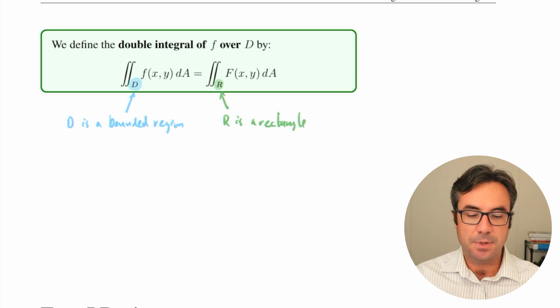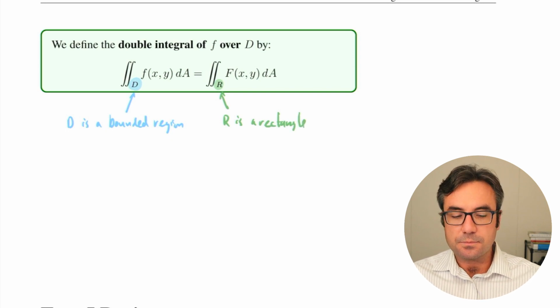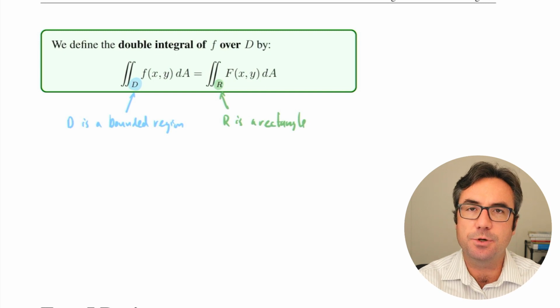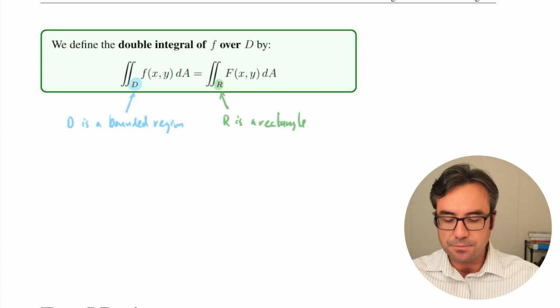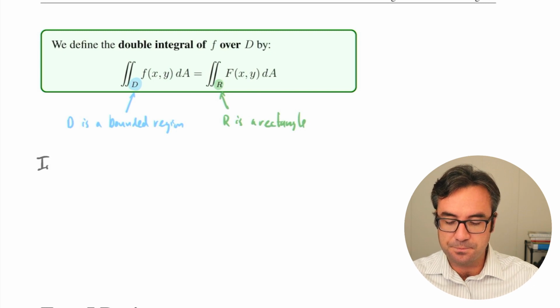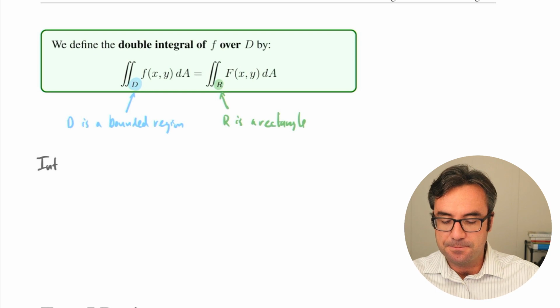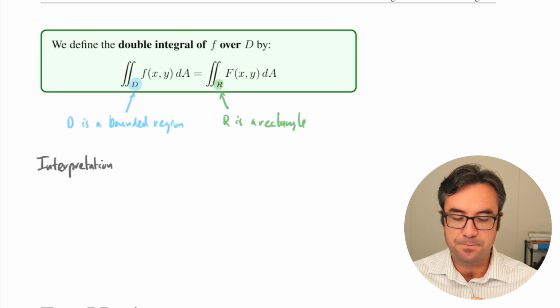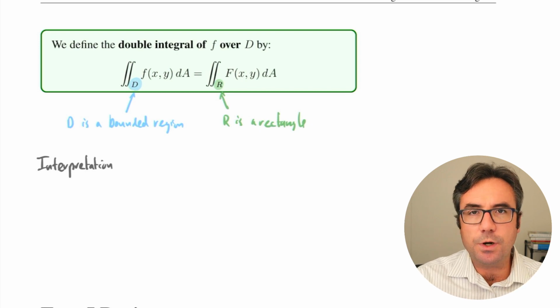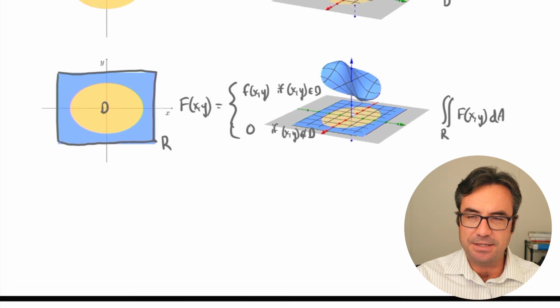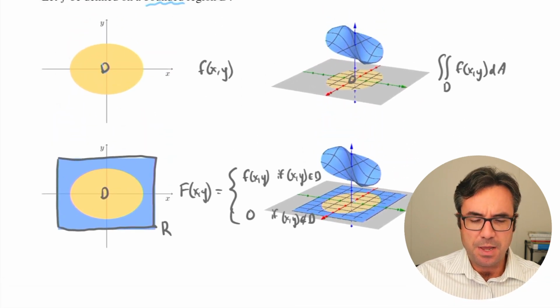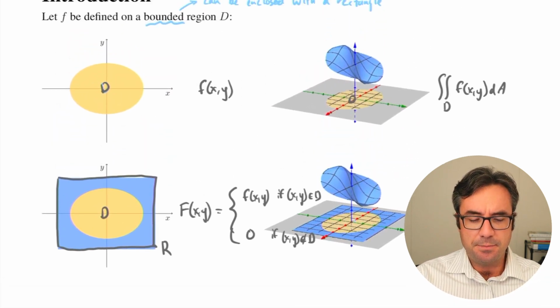All right. So what is the interpretation of these double integrals? And you might be wondering, we're going to look at the proof a little bit more for this, but how can we integrate this?